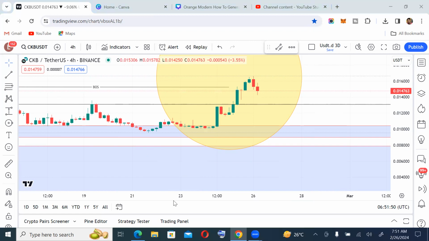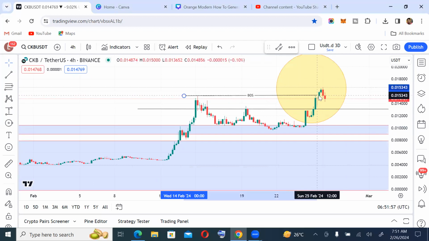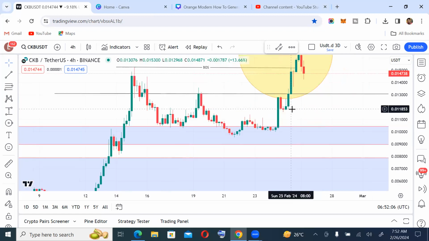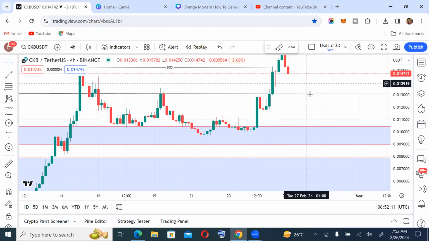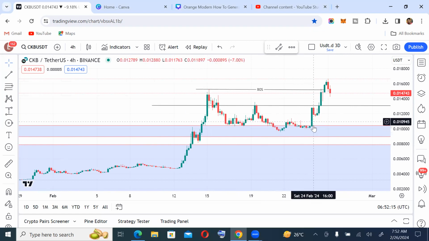It's one of my favorite time frames actually. So here we go. Now, let's wait for price to come back. Let me take this out completely. Let's wait for price to come back into this area. This is 50%. Now, we can see that we had another break of structure here.